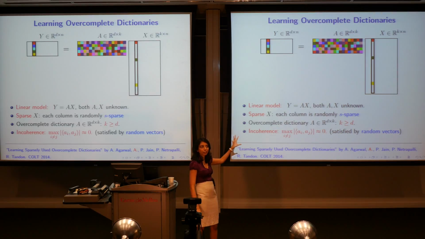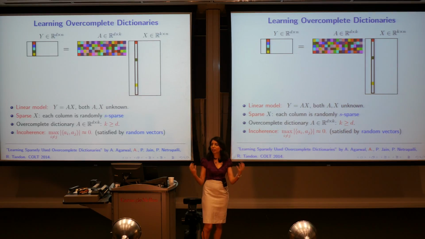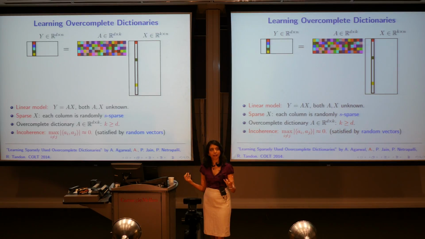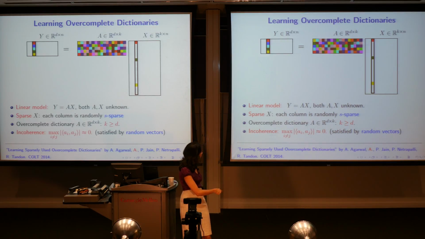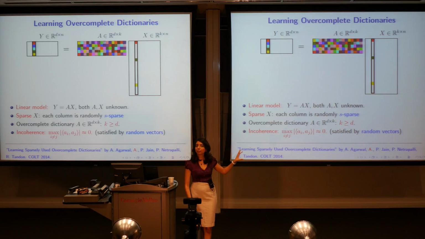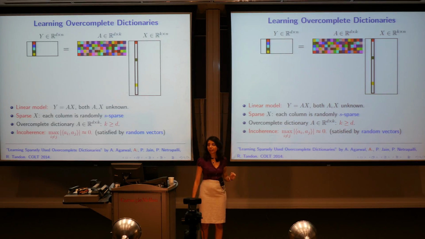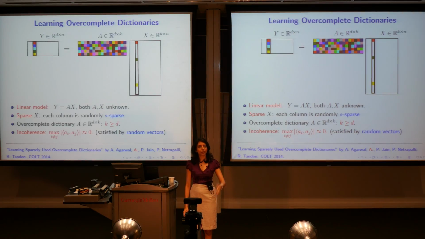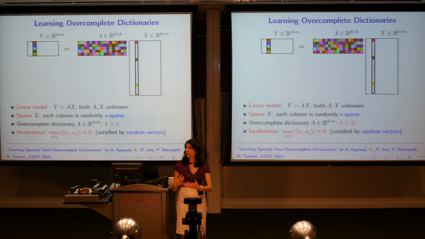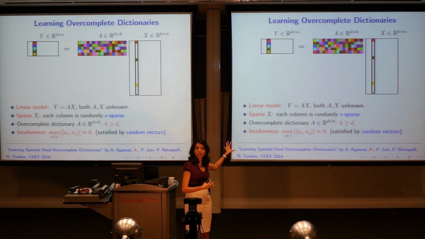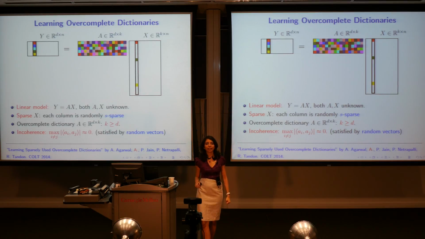But in this challenging case, I don't know either the dictionary or the coefficients, and I have to recover both of them. And we had a work in COLT where we were able to recover both the dictionary and the coefficients under incoherence. And in the most recent work, we've shown that even these tensor decomposition techniques can be applied for this dictionary learning problem. So in a number of different applications beyond what I already described, these tensor methods can be very applicable.